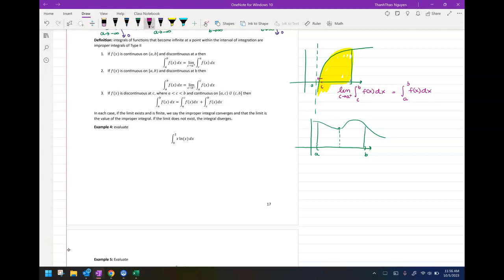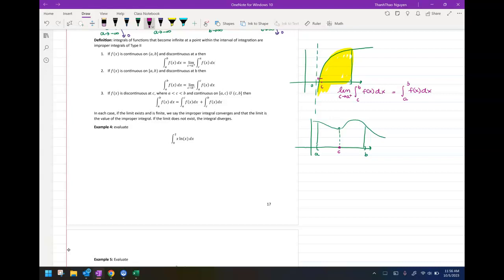I can choose a c, where c is the point that is in the middle here, and break that up into pieces.